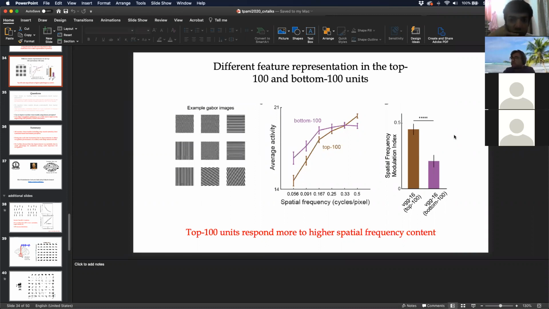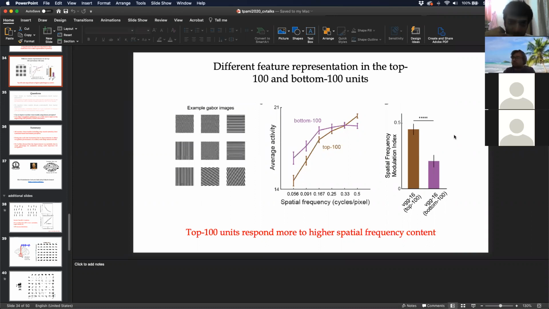The way to interpret that is, the top 100 units, the first bar in brown, are more active or more responsive to higher spatial frequency content compared to low spatial frequency content. Whereas the bottom 100 units, which are the least important units for object recognition, don't show this high modulation.